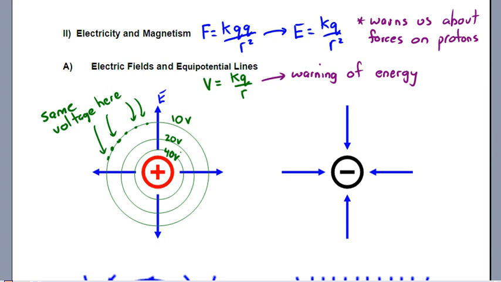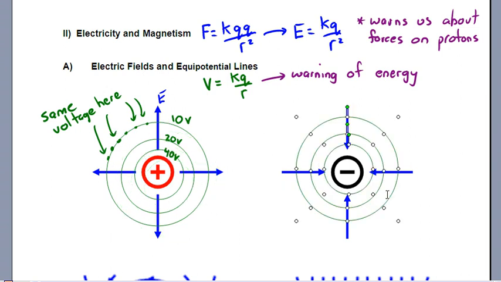You would have the exact same story happening over here for the electron, except the voltage numbers would all be a little bit different. So I'm going to cheat here. I'm just going to copy all this at once. So, I mean, this will work. Yeah, it's close.